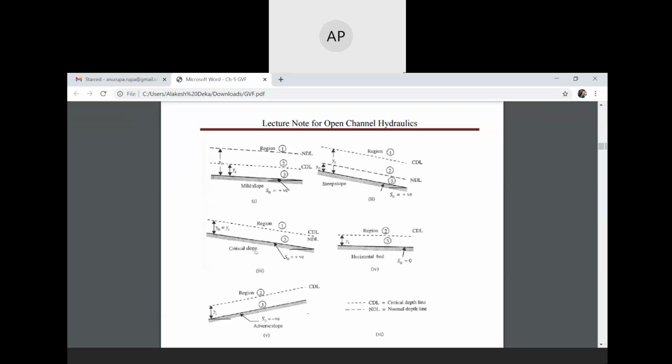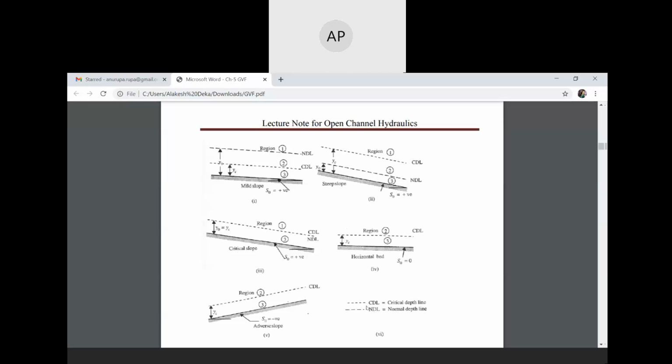And this is critical slope, horizontal slope, and adverse slope. In case of adverse slope, the slope is negative. Can you see? In horizontal slope, this is the flat slope. That means there is no bed slope, so S is 0. But in case of adverse slope, the slope is negative. And there exists only CDL, the critical depth line.